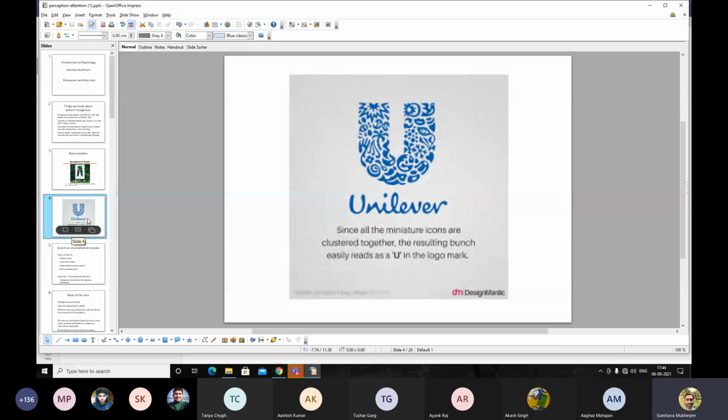This is another example. As you know, this is a logo of Unilever. Do you know what it is made up of? I'm sure all of us know or have seen the Unilever logo. Have you ever wondered what is inside the logo?